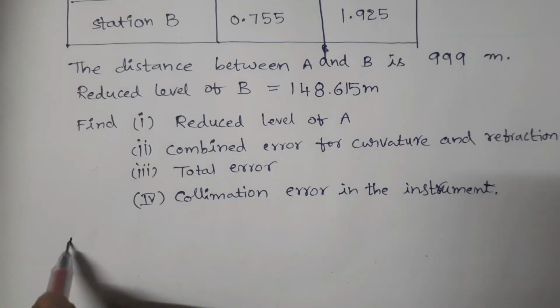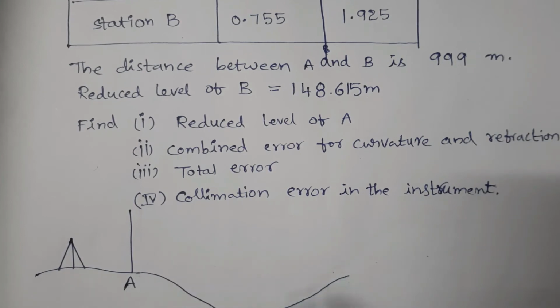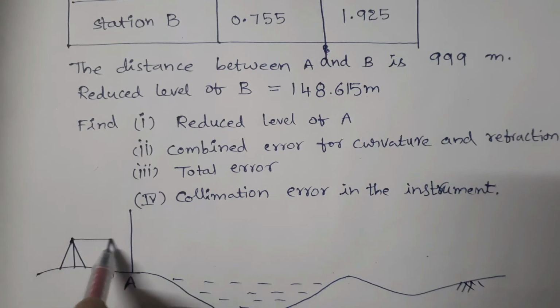The instrument is set here and we observe the reading on A. There is a pond in between A and B. Staff reading on A is 1.155 meters. So this is A1.